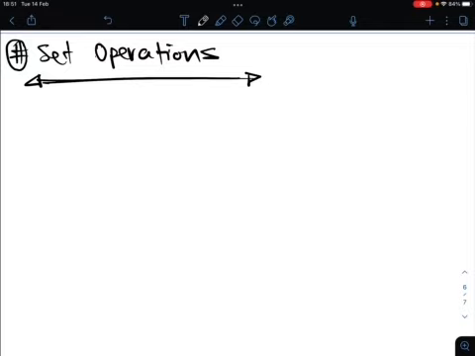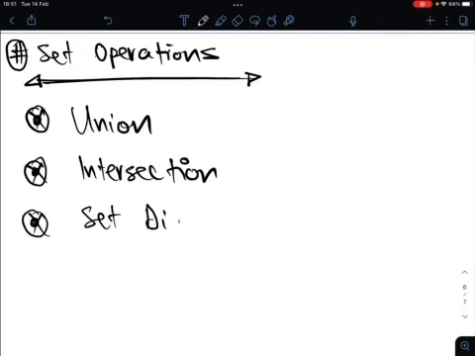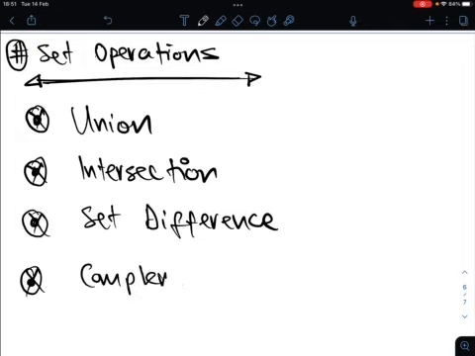There are many different operations that can be performed with sets, but what we're going to focus mainly on are the following: the union operation of sets, the intersection operation of sets, the set difference, and afterwards the complement of a set.